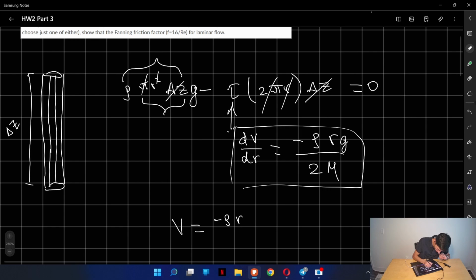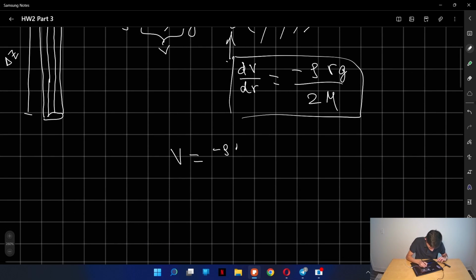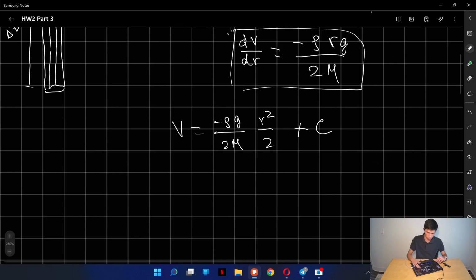This is the volume, this is the mass, and the mass times the gravitational acceleration is our weight. So we have rho g over 2 viscosity times r squared over 2, and that's going to be plus c because we're integrating it.